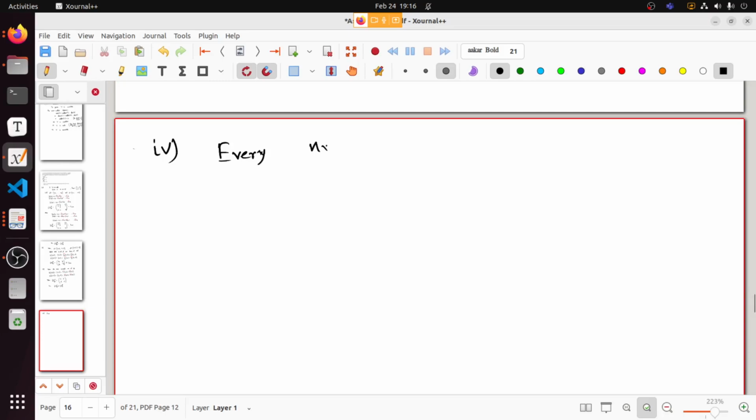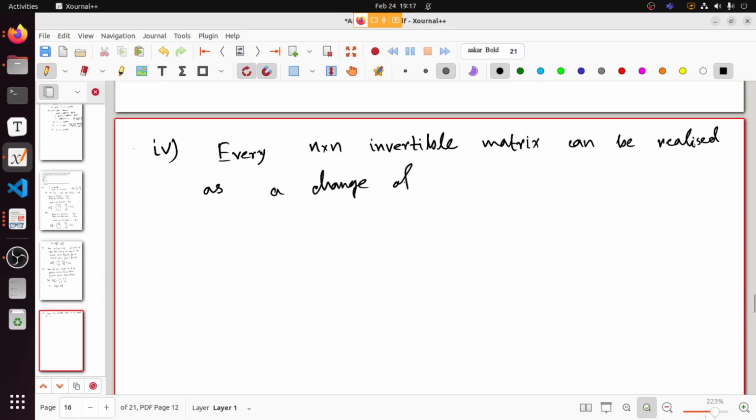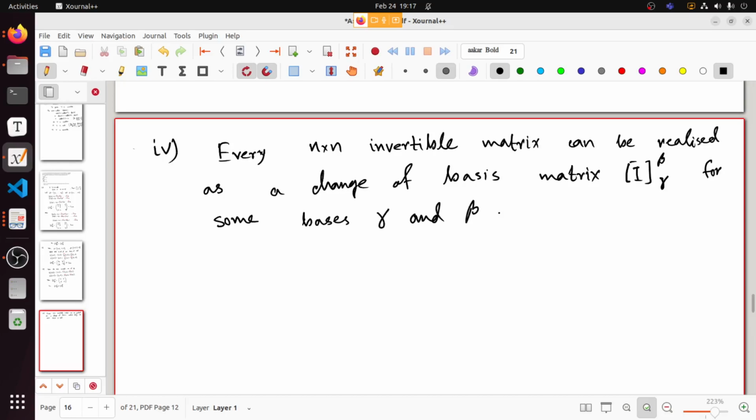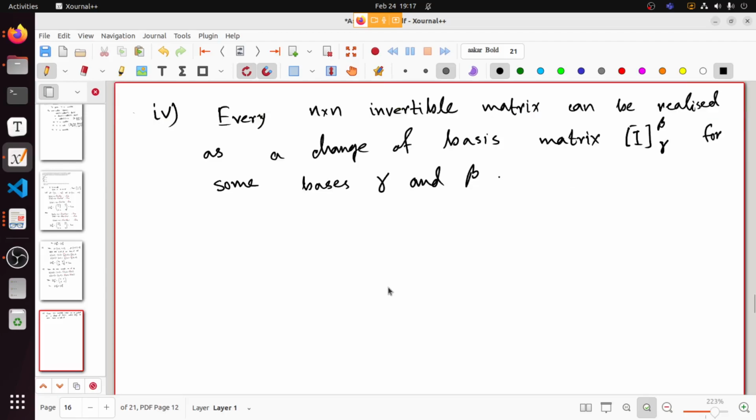Every n cross n invertible matrix can be realized as a change of basis matrix I gamma beta for some bases gamma and beta, right? So we have to prove this statement. So let's prove it.